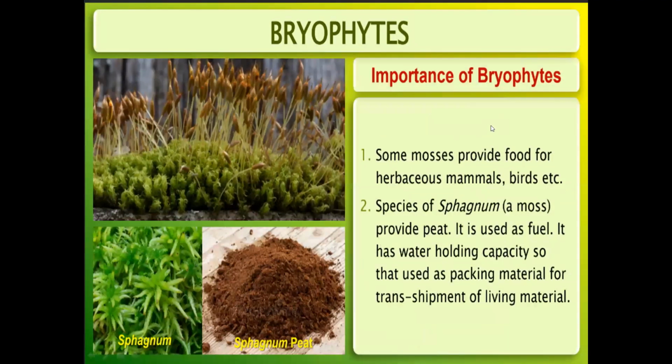Then the importance of bryophytes. This is also asked and very easy to understand. Bryophytes provide food for herbivorous mammals and birds. Some mosses provide food, helping the grazing animals. Species of sphagnum, a moss, provide peat. It is used as a fuel.